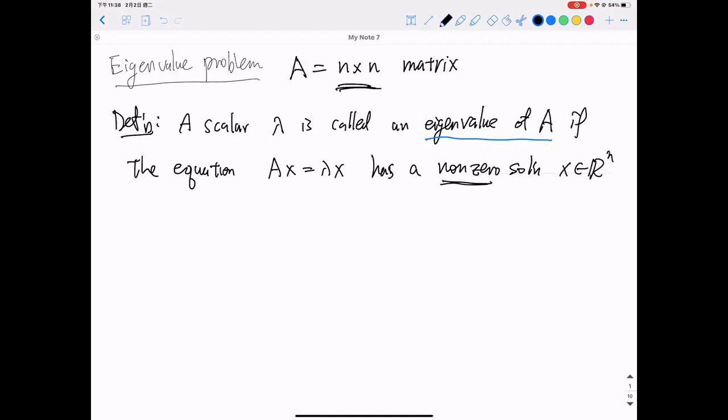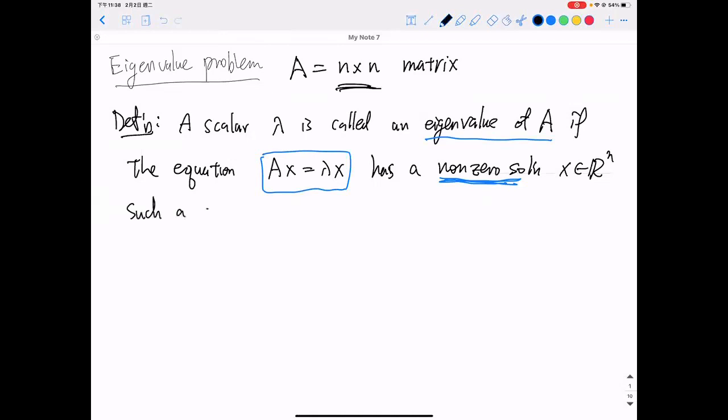And I need to emphasize that it has to be non-zero, because this equation has x equal to 0 as a solution always. But if for some lambda it has a non-zero solution, then that lambda is called an eigenvalue of A.